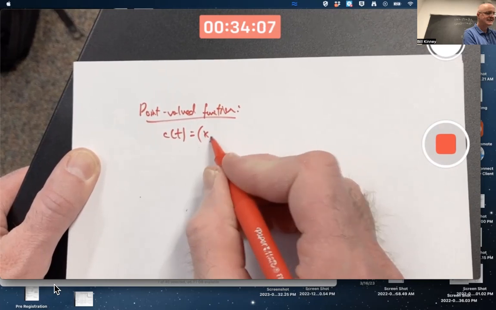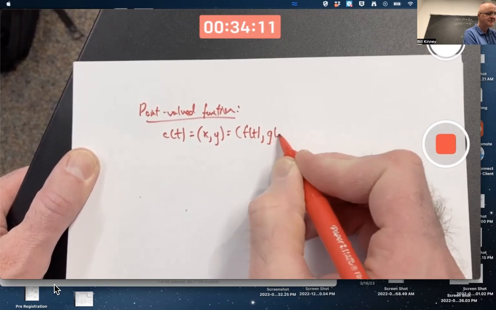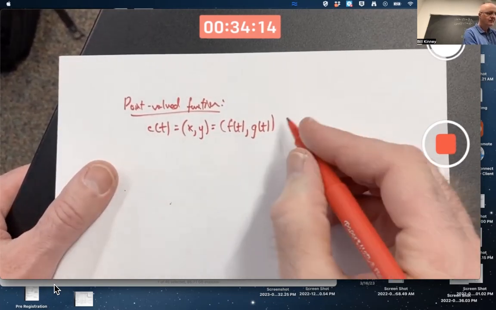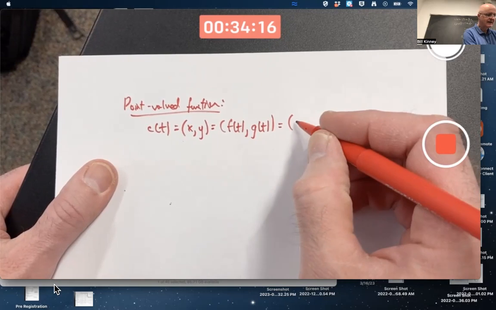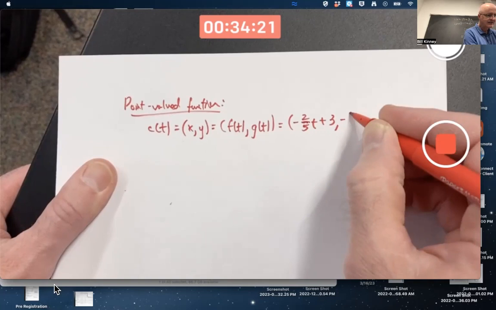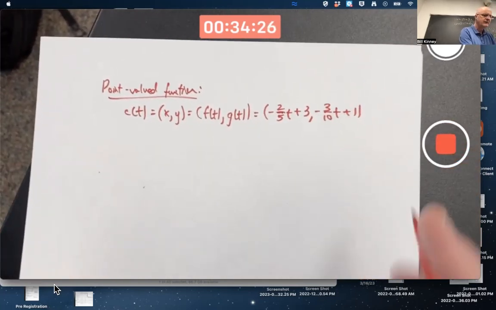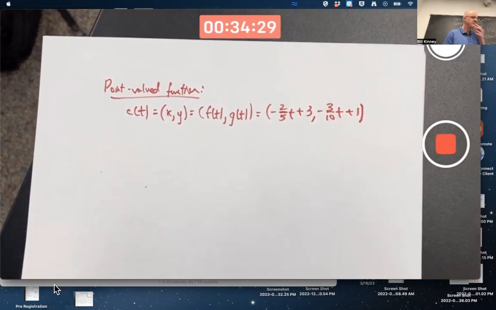It's x comma y, where x depends on t and y depends on t, by the equations that I wrote down. X is 2/5 t plus 3, and y is -3/10 t plus 1. What do I mean by a point-valued function? I mean the output of this function is a point in the plane, a two-dimensional object. Well, okay, it's a point, which is a zero-dimensional object, sitting inside a two-dimensional plane.